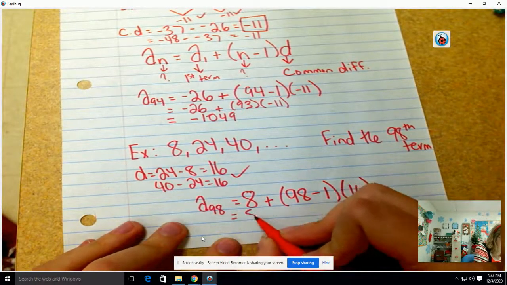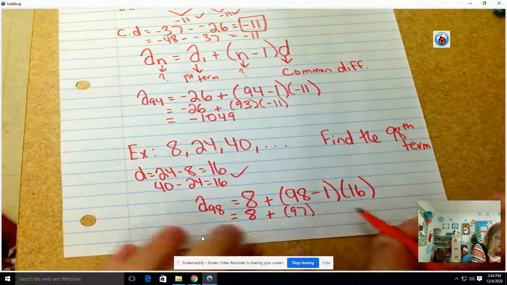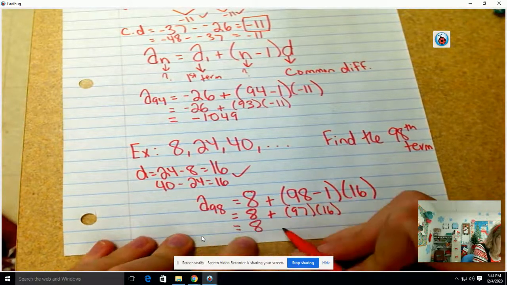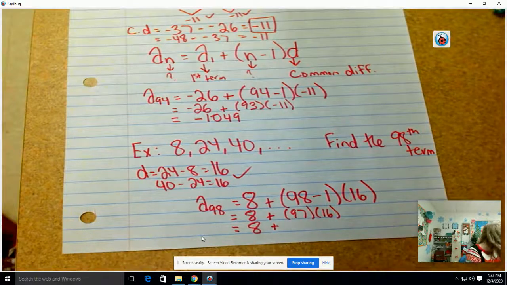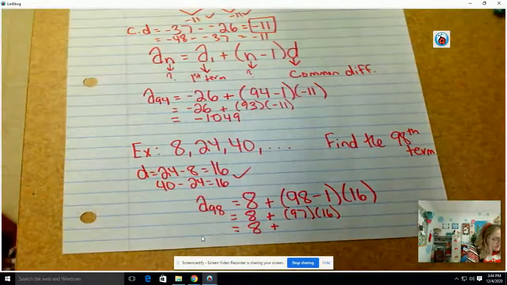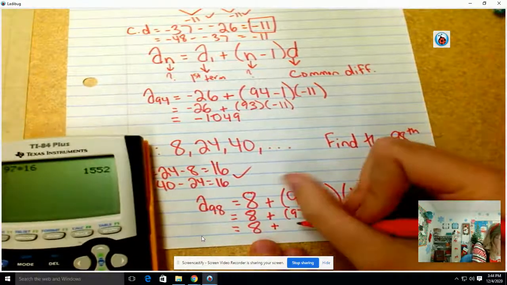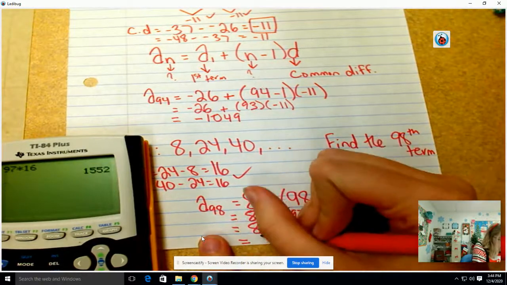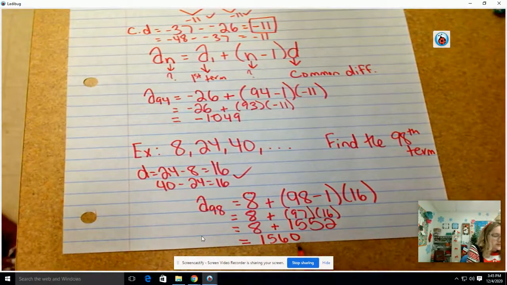So this is going to give me 8 plus 97 times 16. 97 times 16 is going to give me 1,552. You're going to add those together and you're going to get 1,560. So the 98th term of this sequence is 1,560.